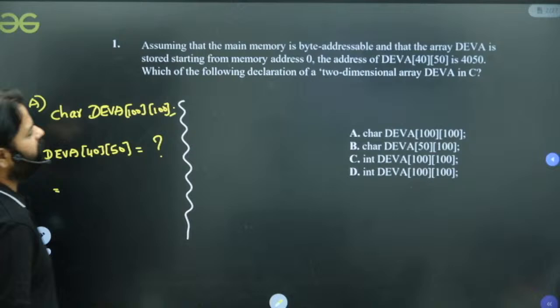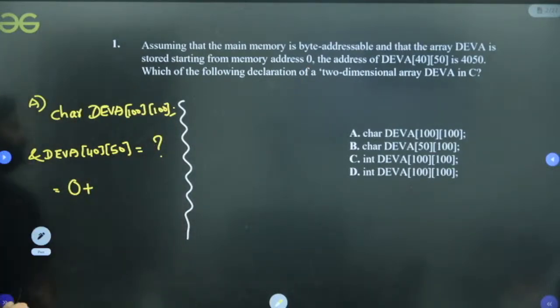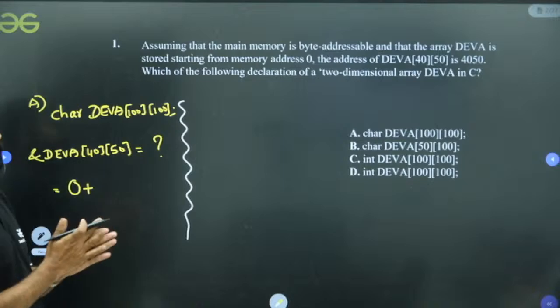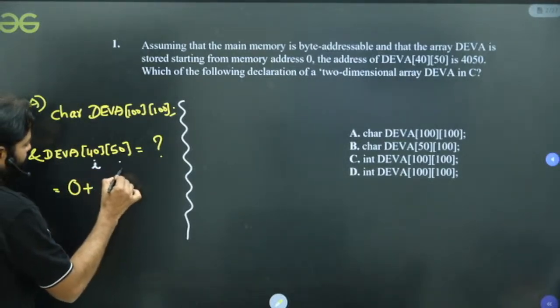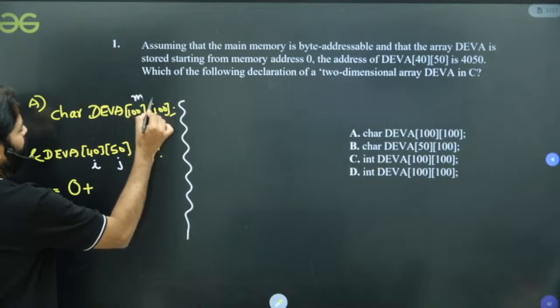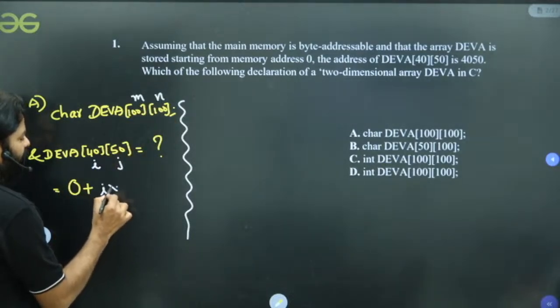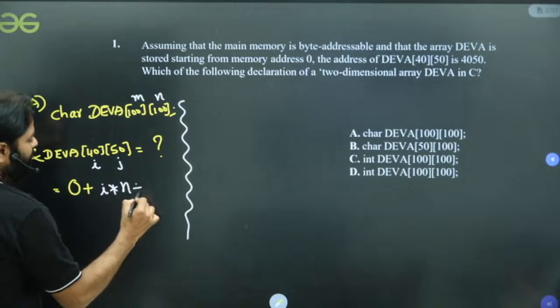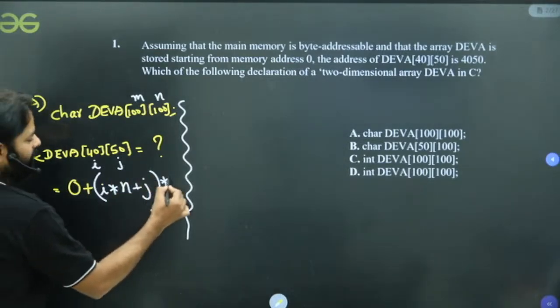The address of the first element is 0 plus, if this is i and j, and this is m and n, how do you calculate? It is i multiplied with n plus j, and multiplied with the size of each element, correct?